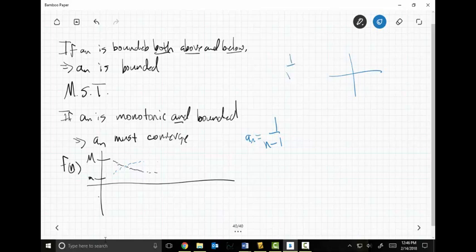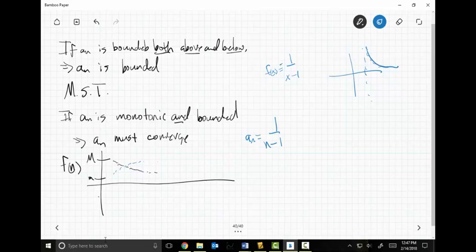If I think of this as f of x equals 1 over x minus 1, I know that at 1, this thing's got a vertical asymptote, right? So this thing goes like this. I know it looks like that. So I know it's bounded below by 0, but it's bounded above by nothing, because at 1, it heads for positive infinity on the right-hand side, which, since we're talking about the whole numbers, we're talking about the positive side.